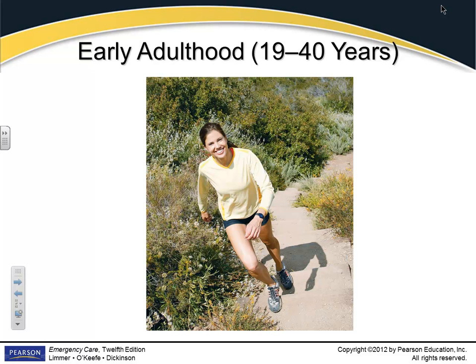The adult, 12 to 20. Now we're right at that. Your adolescent is right at that 12 to 20. Early adult, 19 to 40, you're at that 12 to 20. Blood pressure, pretty good. Your systolic 120 over 80. So these are things we're looking at with our adult.